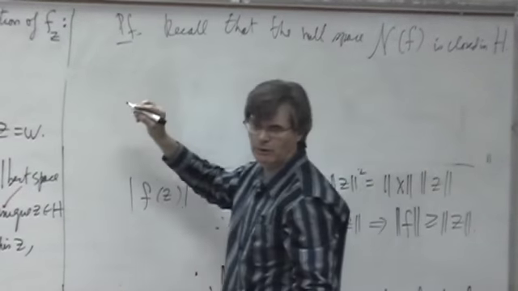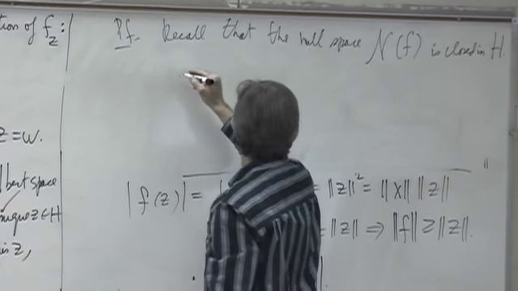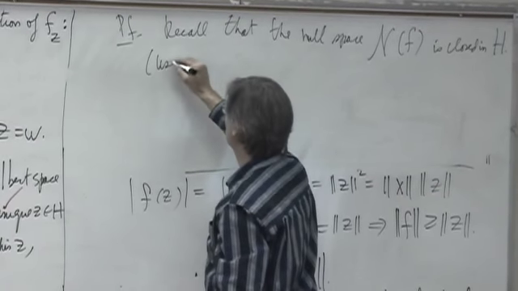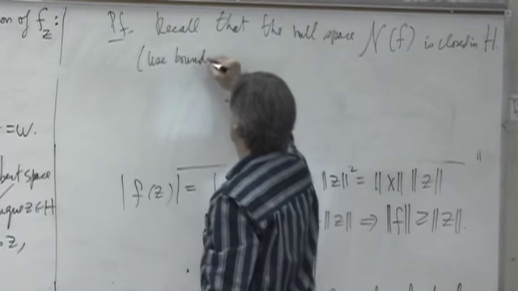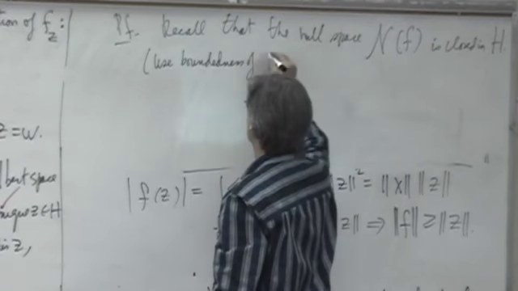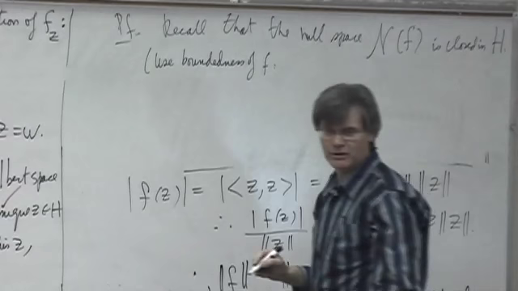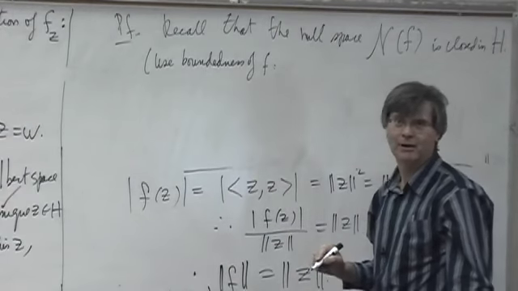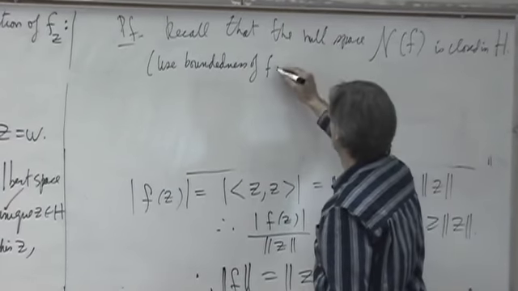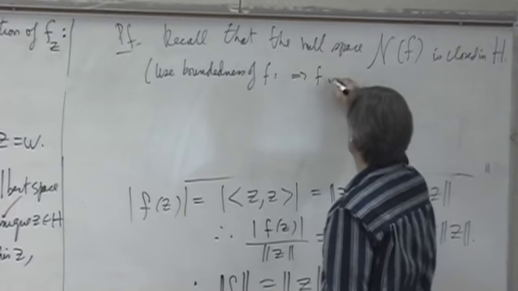Let's just do the real quick proof of it. It's the same thing. Here's where I'm going to use boundedness of F. The only time I'm going to use it is right here: boundedness of F.